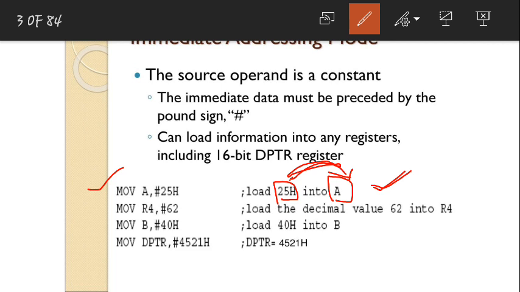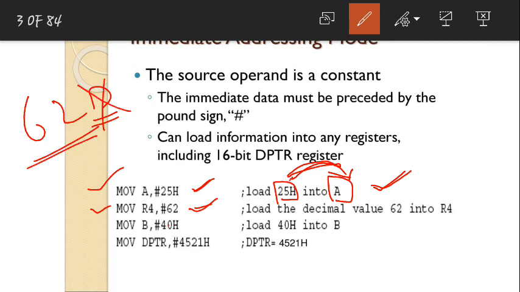Next, coming to the other example, here I have written MOV R4 comma pound 62. The difference between here and here is that the earlier one is a hexadecimal value, since I wrote H. If I don't write anything, that is a decimal value. Instead of not writing anything, you can also write 62D. If you write D, that also is taken as a decimal value. If you don't write the D either, it will by default be considered a decimal value.